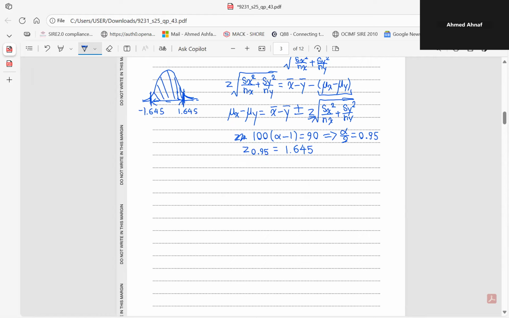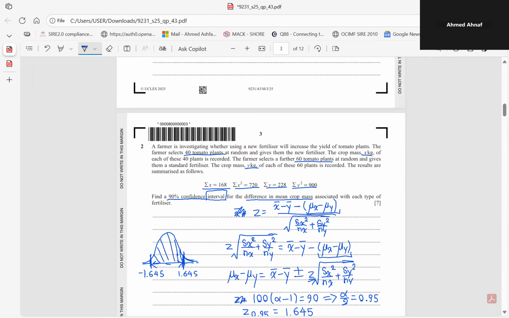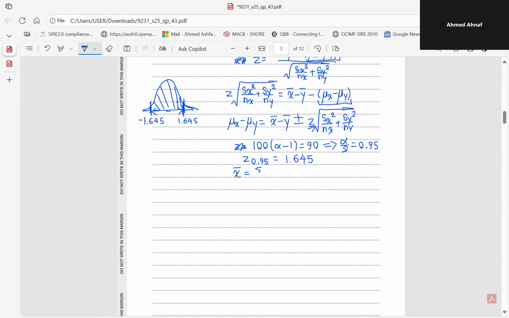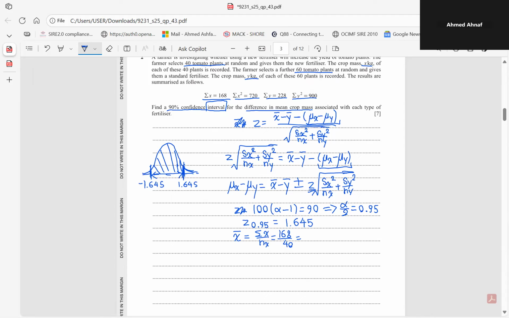Okay, and with that, we can start finding our X bar. X bar, very obvious, is just sigma X over NX. So 168 over 40, which is 4.2.